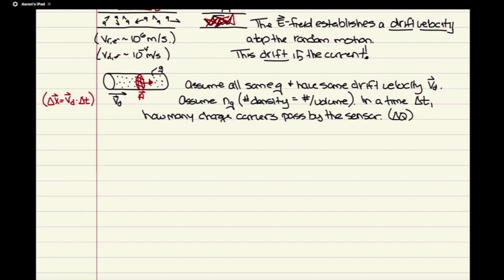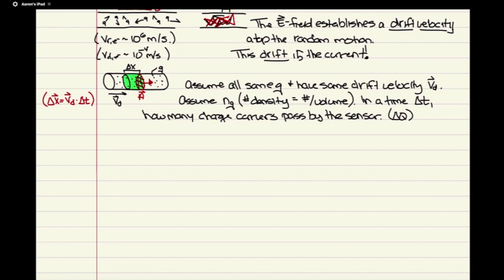And so I'll shade that in green, where I can imagine this region here at some length delta x. That is the region that in a given amount of time delta t, all of those charges that are in that little cylinder will pass by the sensor and get tagged. And the question now is, what exactly is that delta Q? How much charge is in this little green cylinder I've drawn?